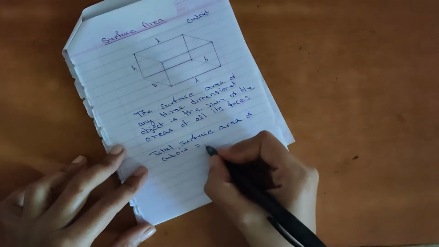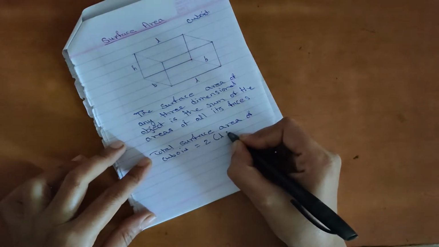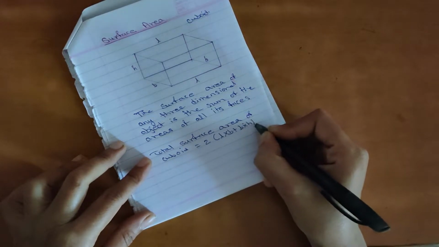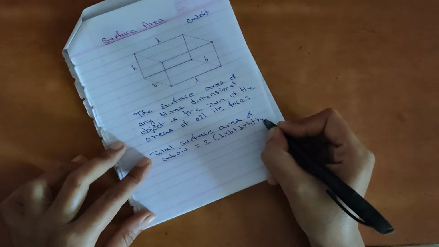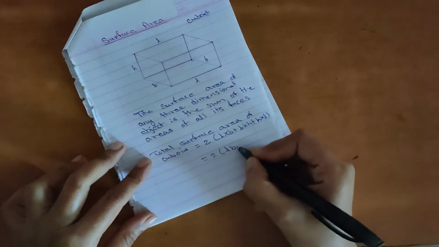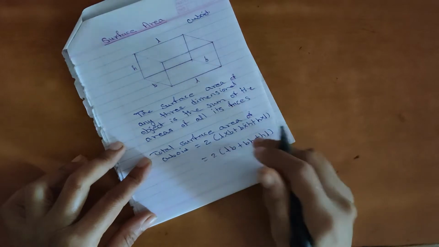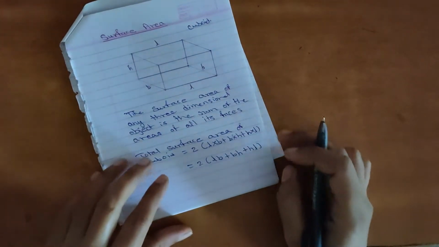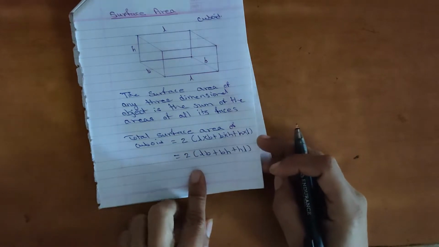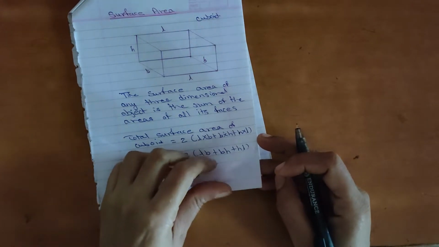So we can write that is equal to, twice we can take common, that is length into breadth plus breadth into height plus height into length. This is the formula. So we can write in short form 2 times LB plus B into H plus H into L. Without sign means multiplication. So this is the total surface area of a cuboid. That is twice length into breadth plus breadth into height plus height into length.